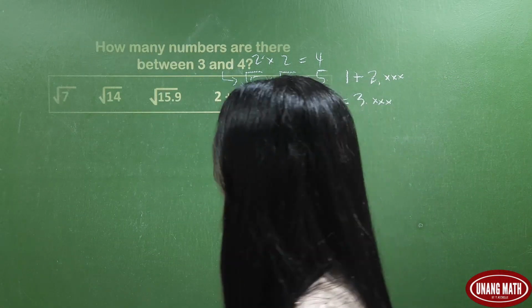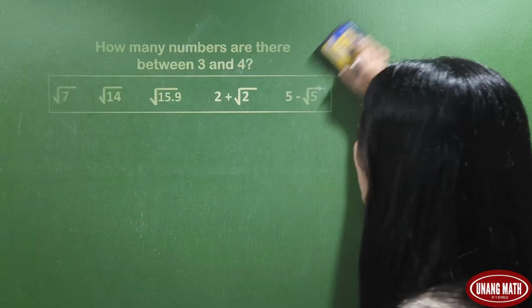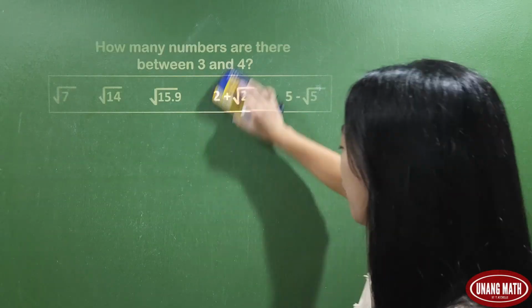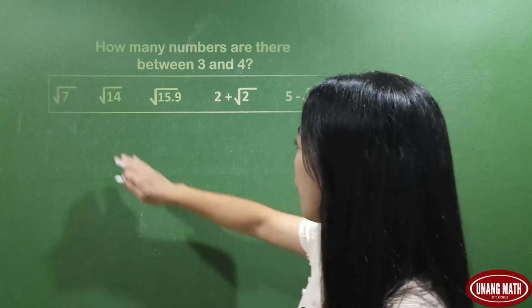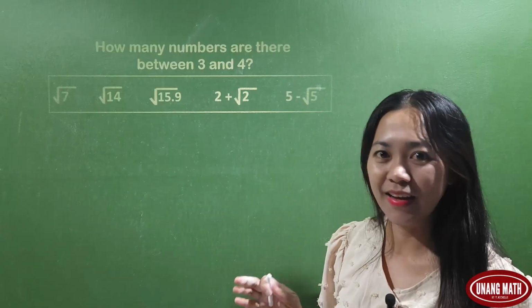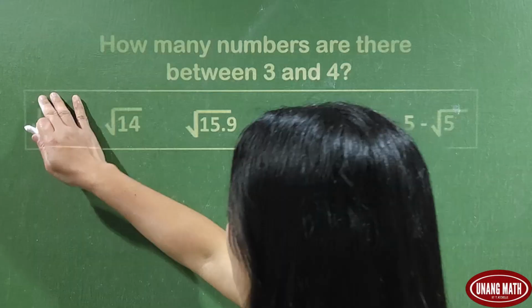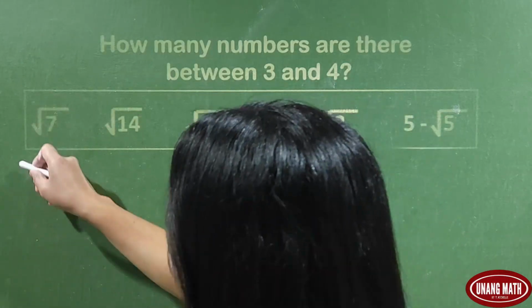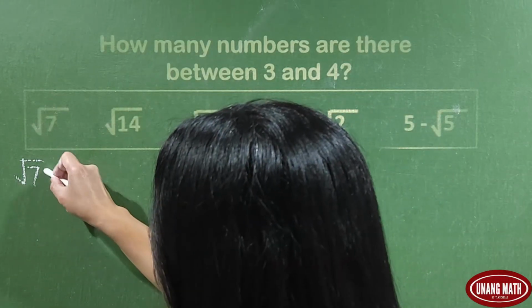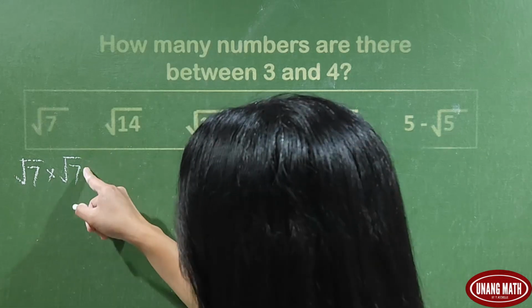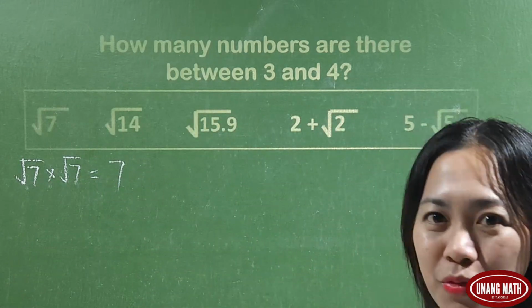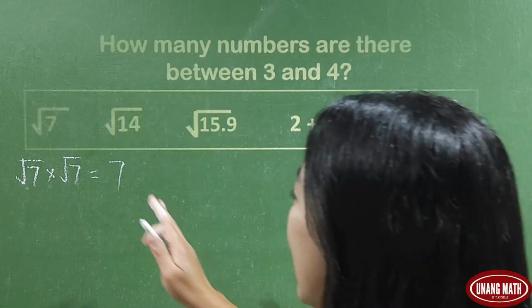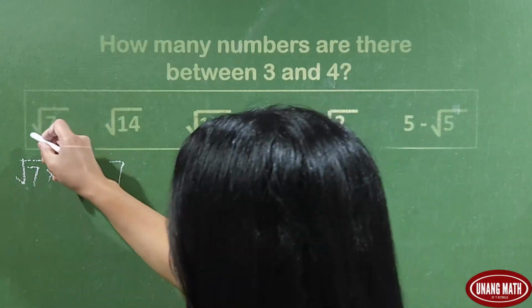Okay, for our last question, how many numbers are there between 3 and 4? Okay, we have 5 options. Let's find out. The first option here is square root of 7. Okay, it means square root of 7 times square root of 7 is 7. So number times number is equal to 7. Okay, let's find the nearest number.